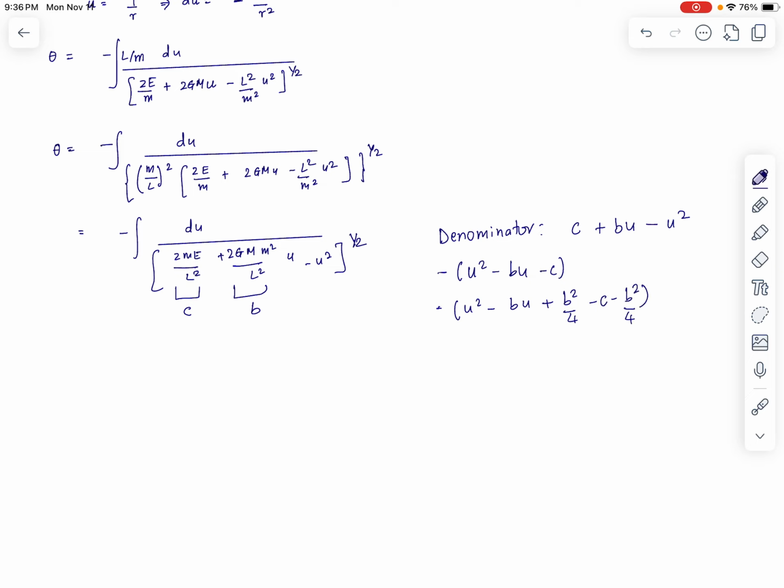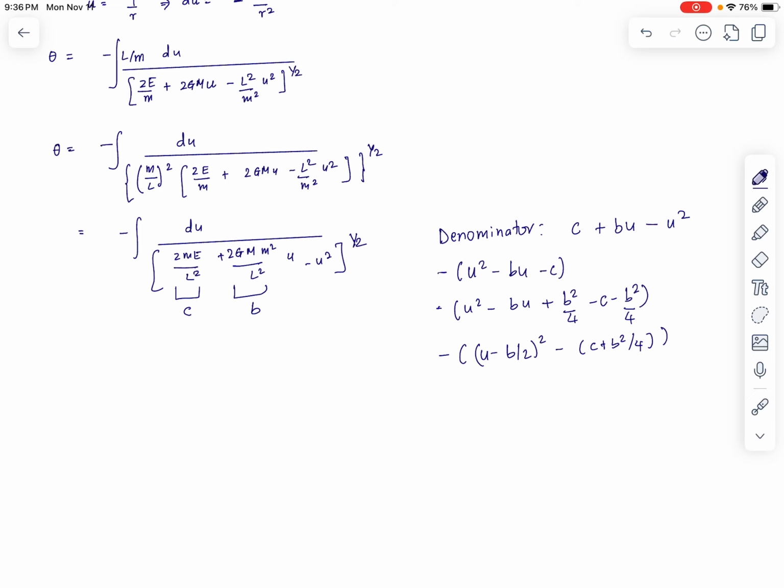So essentially this becomes minus u minus b divided by 2 square minus c plus b square divided by 4. Okay, so that's what we have. Okay, and I've not been dealing with the square roots yet.